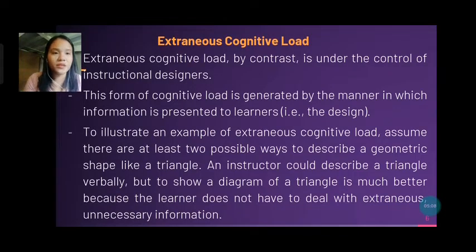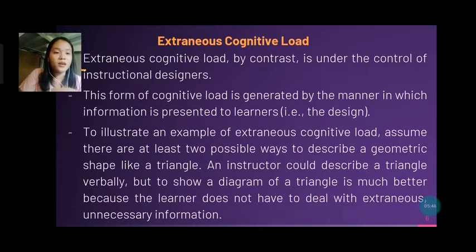Next is the extraneous cognitive load. Extraneous cognitive load, by contrast, is under the control of instructional designers. This form of cognitive load is generated by the manner in which information is presented to learners. To illustrate an example of extraneous cognitive load, assume that there are at least two possible ways to describe a geometric shape like a triangle.